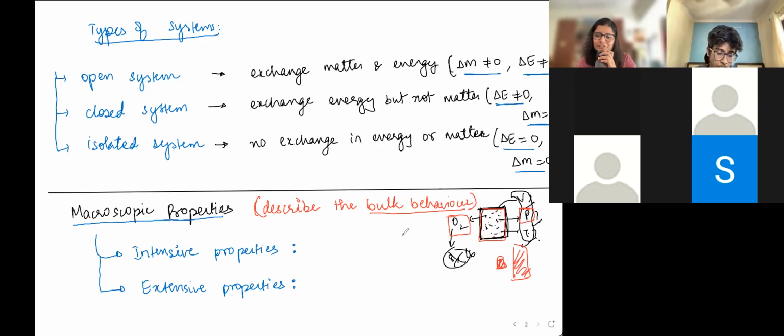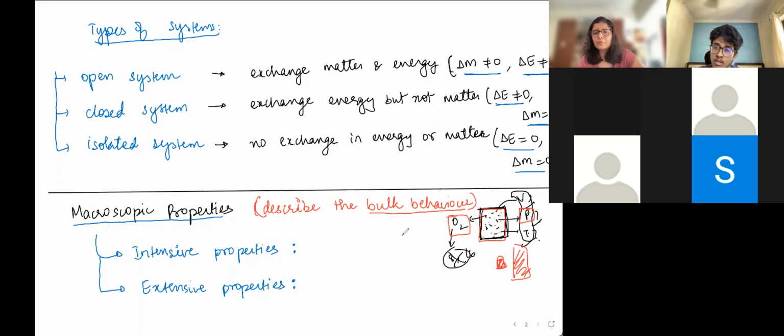Whether it's a container or a swimming pool or an ocean, what is the difference? Intensive is something that is within the object, like the body. Like for example, heat can be an intensive property because it's within the body. Closer.